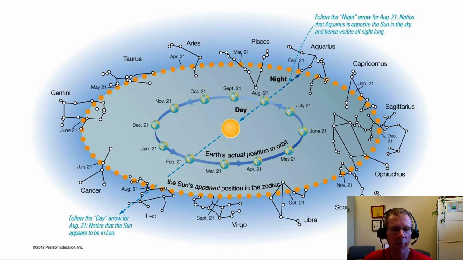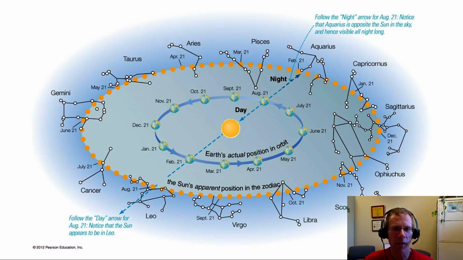On August 21st, you would be looking in the direction of the sun, not directly at the sun, of course, because that's dangerous, but if you could somehow see the constellations during the day, the constellation of Leo would be behind it. Go over to February 21st. If you could look beyond the sun during the daytime, the constellation of Aquarius would be behind it.